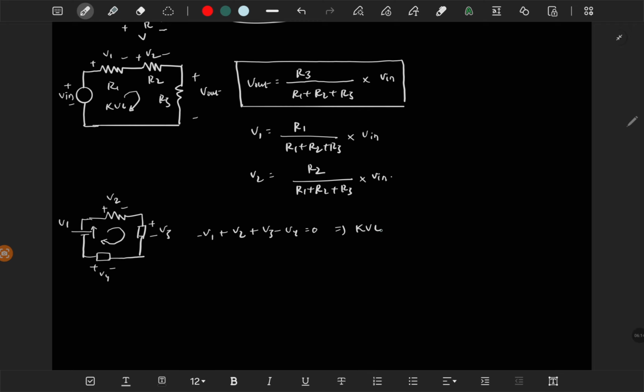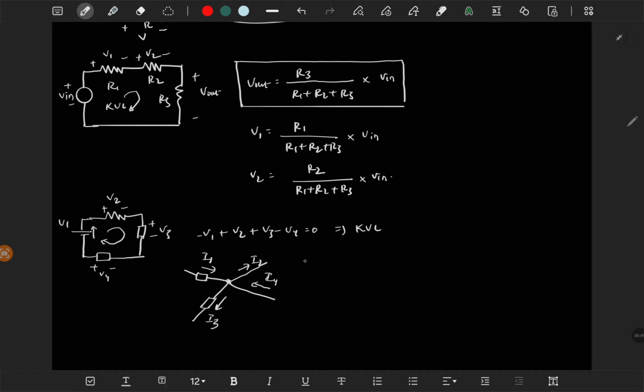So this is KVL. And what is KCL? Suppose you have some branch with some current flowing through it, entering this node, and some I2 is leaving this node and going to some other circuit, and you have I3 flowing out of this node and I4 flowing into this node.